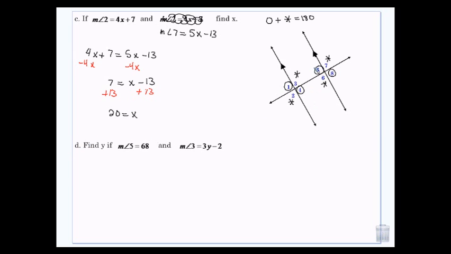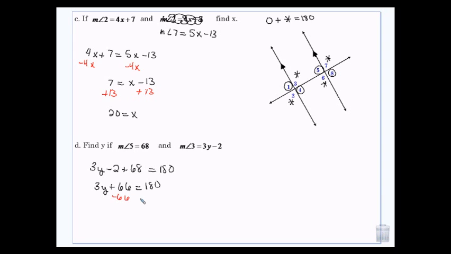5 is circled and 3 is starred, and so I know that they're not equal to each other, but I know that they add up to 180. So 3y minus 2 plus 68 is equal to 180, because 3 and 5 add up to that. So that's 3y plus 66 is equal to 180.